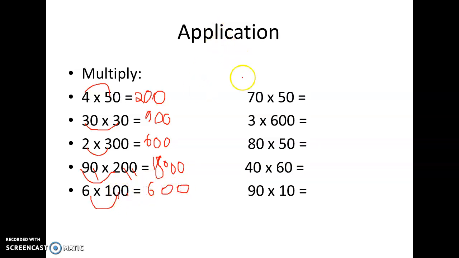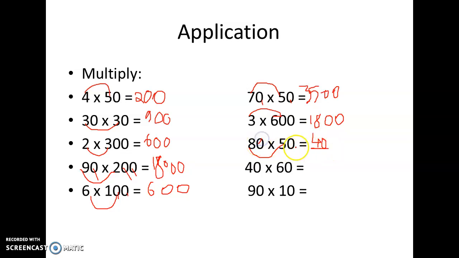7 times 5, 35. How many zeros? 1, 2. I count all the zeros in both numbers. Look at both factors if they have zeros or not. 3 times 6, 18. And 2 zeros. 8 times 5, 40. Also here, this 0 for the product.